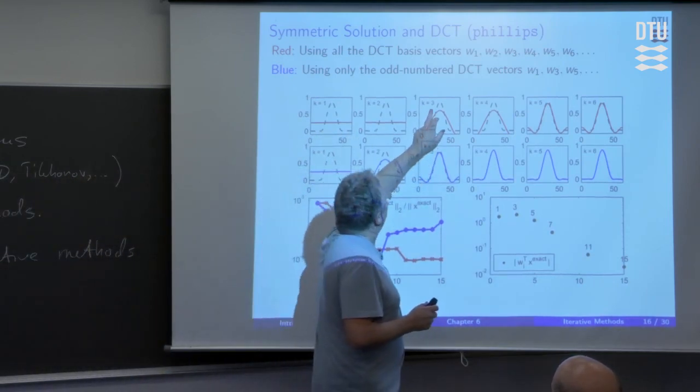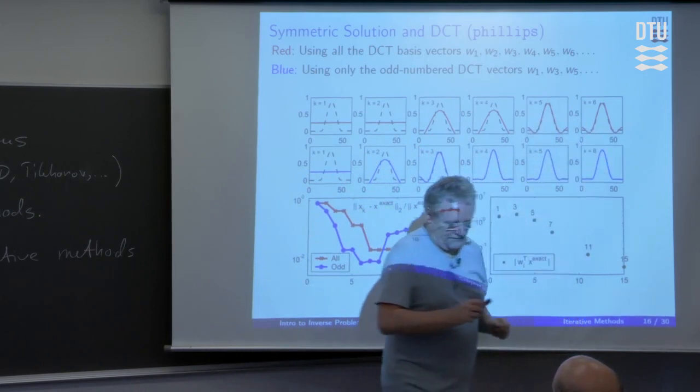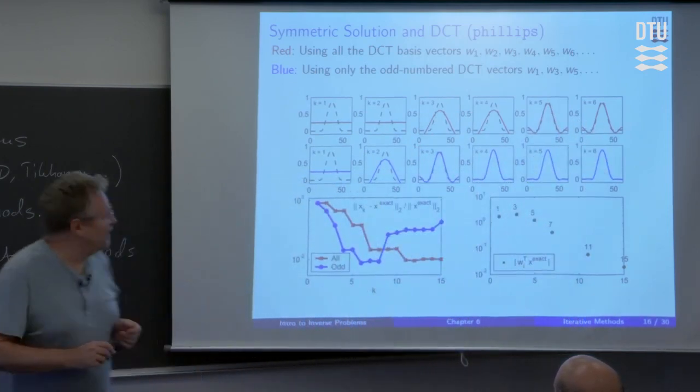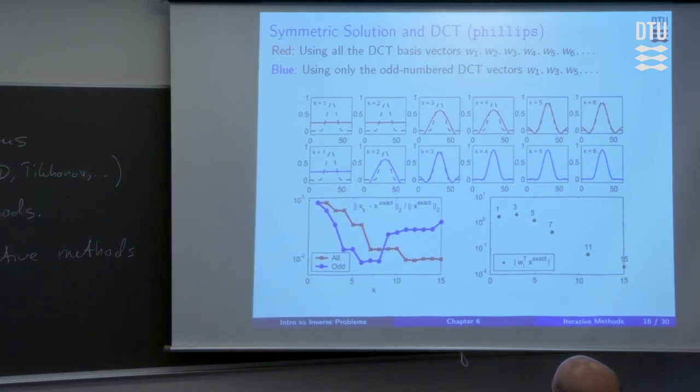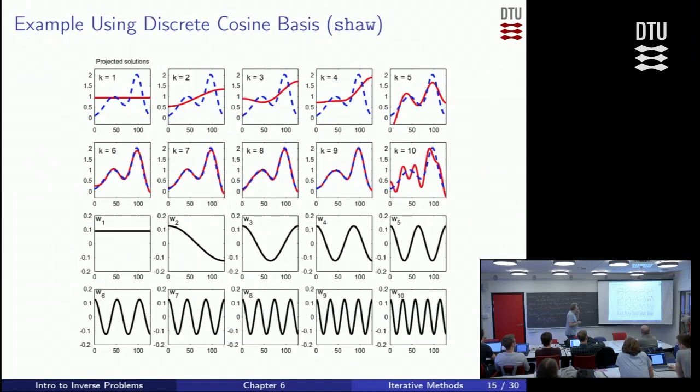And again here for k equal to 3 and 4. And again they look the same for k equal to 5 and 6. So what's going on there? Well, every second DCT basis function is symmetric around the midpoint, and every second is anti-symmetric, whatever you call it, around here, the midpoint, right?